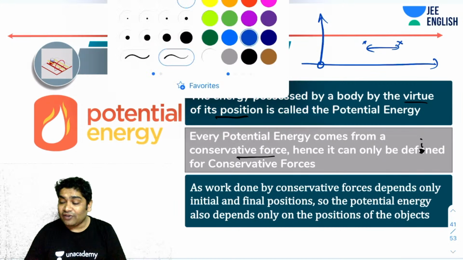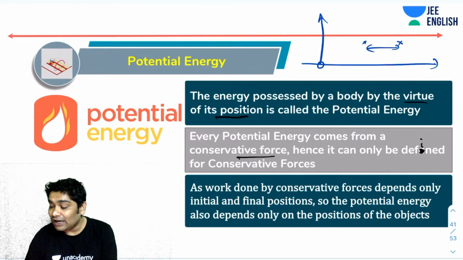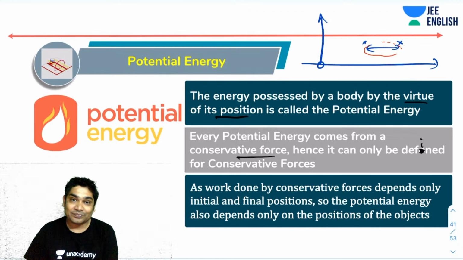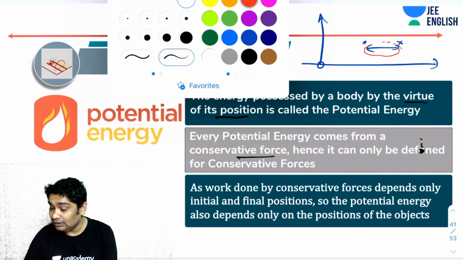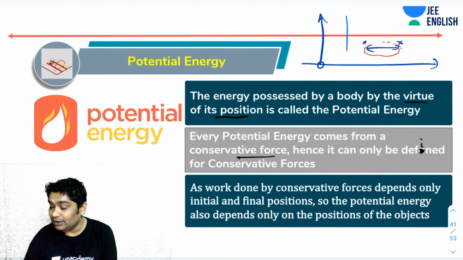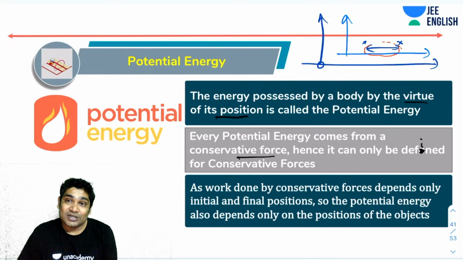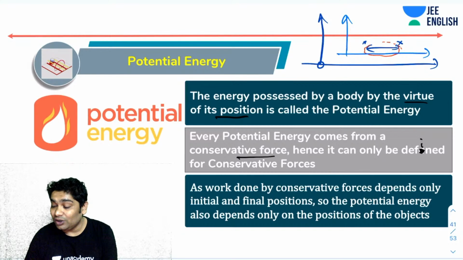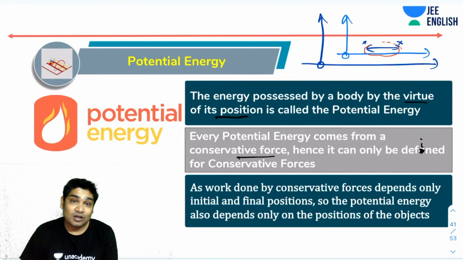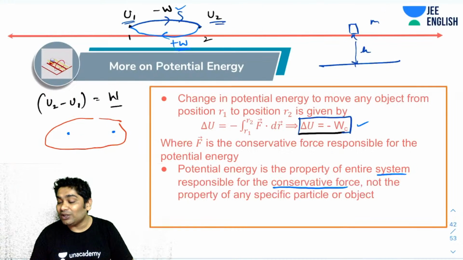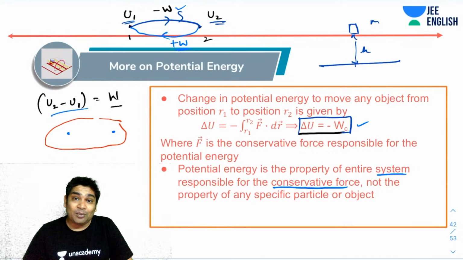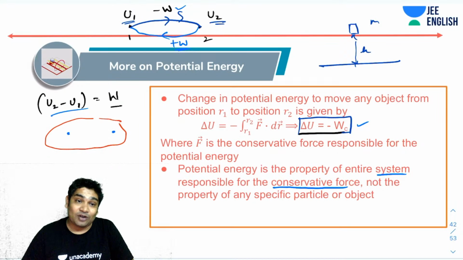But if I choose different origins, would that have any effect on the distance between them? By choosing different coordinate systems or different origins, the coordinates of these points do change, but the distance between them is independent. Similarly, the change in potential energy is independent of your choice of reference point.